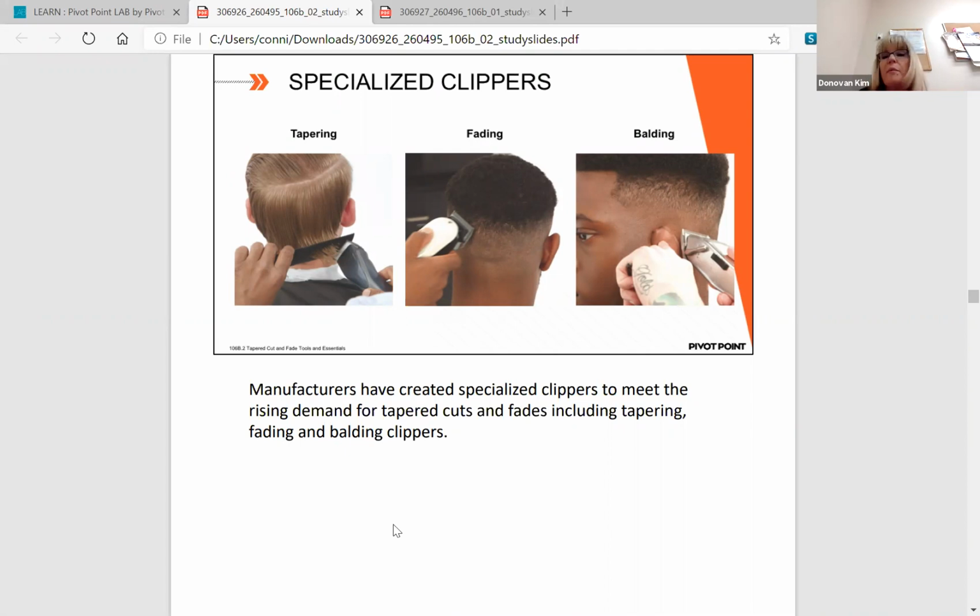Tomorrow I'll share about the different blades that we have and why they put certain blades on certain clippers. Just for an example, they talk about a balding clipper, which does not have an adjustable blade. It's usually a magnetic motor because it cuts faster than a pivotal motor. It's ideal for quick precision cutting with minimal effort.